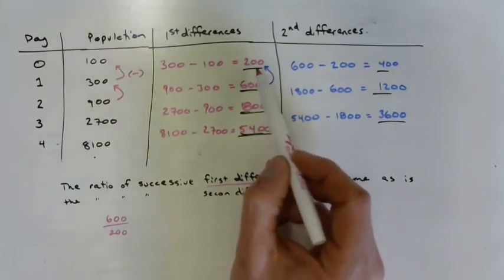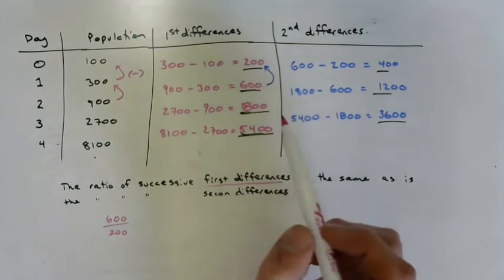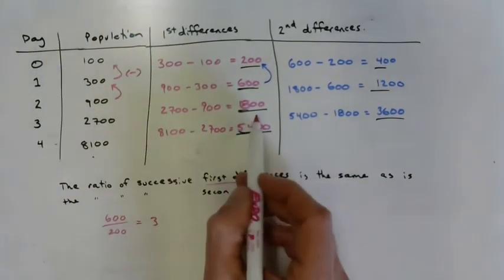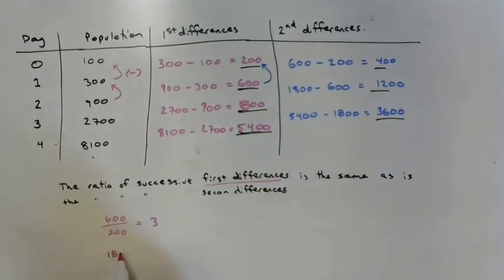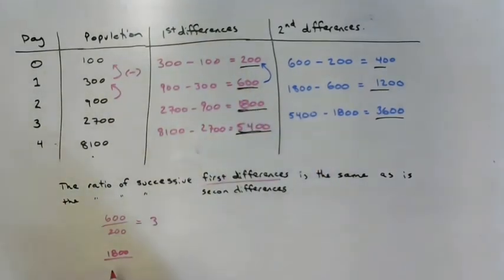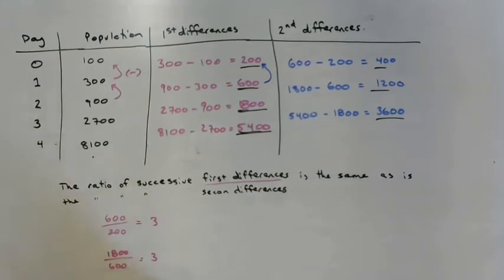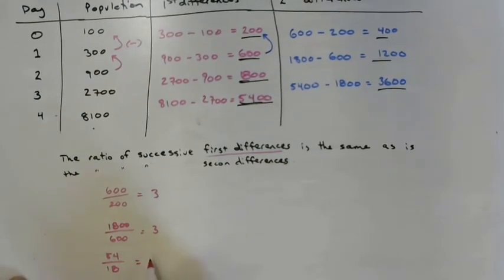That would mess up the ratio. 1800 and 200 are not successive. They're not right beside each other. So I have to take 600 and 200, which equals 3. Then I would have to take 1800 over 600. I always have to work the same direction, okay? And that's 3. And 5400 over 1800, that's also 3.